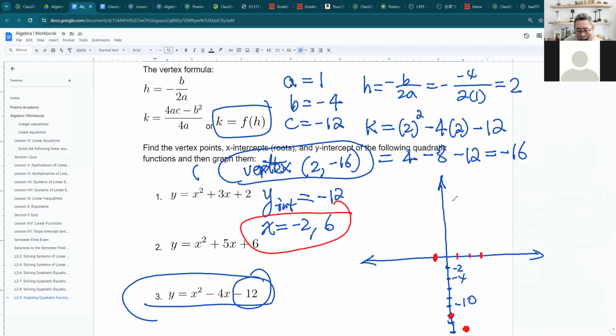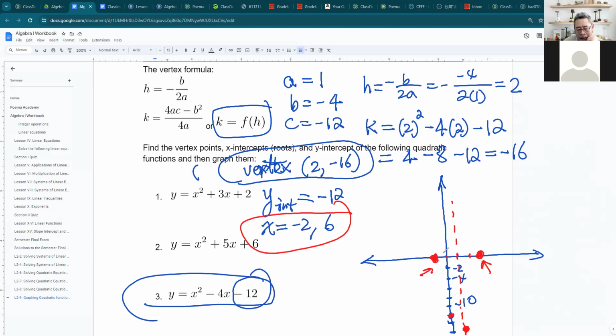So our axis of symmetry is here. We've got 2 points here, and you can see that this is 2, 4, this is 2, 4. So these two points are symmetrical. And the vertex point is right between those two x-intercept points. Good?